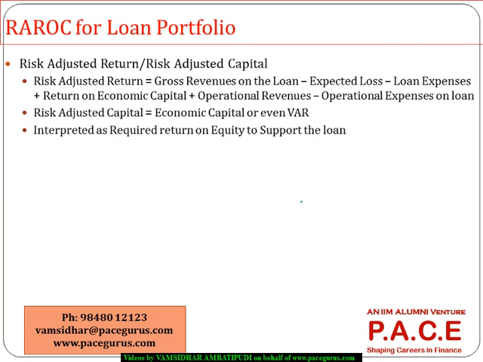Then how do I compute the RAROC, the risk adjusted return on capital? We will see first for a loan portfolio. On a loan, if a firm has to compute the risk adjusted rate of return, all we are saying is take the risk adjusted return in the numerator and risk adjusted capital in the denominator.